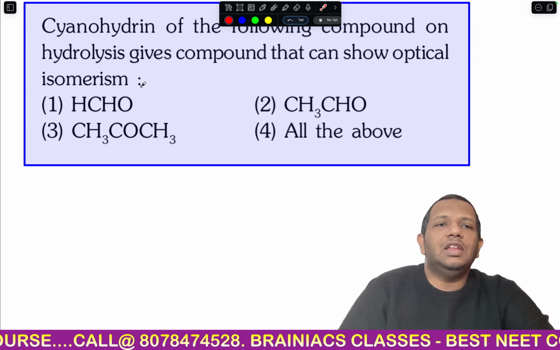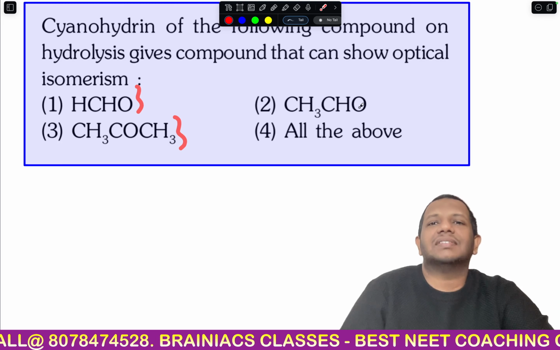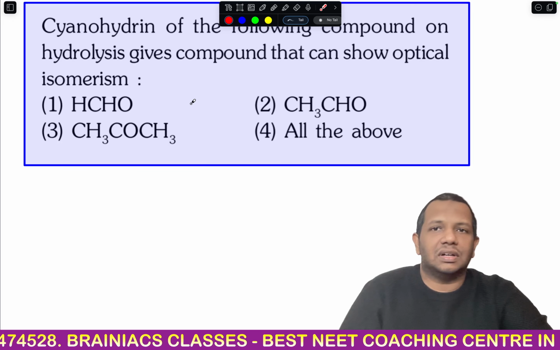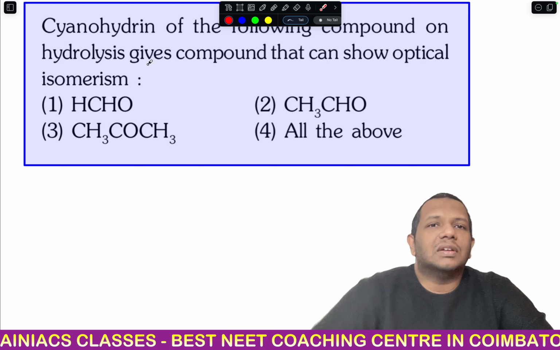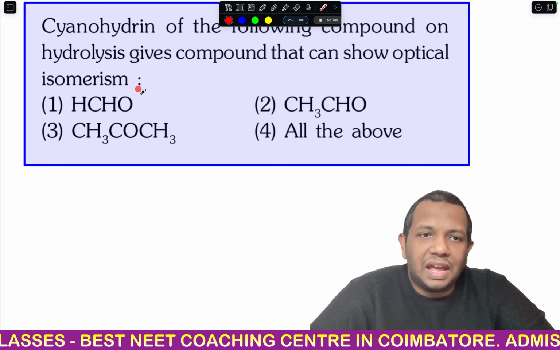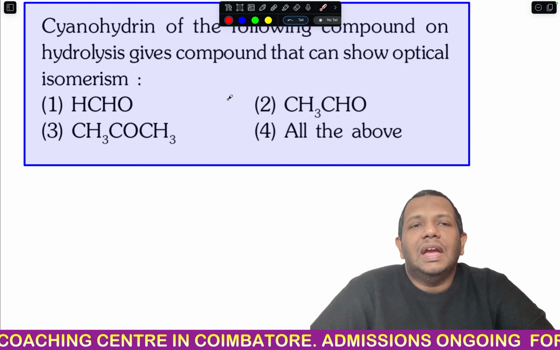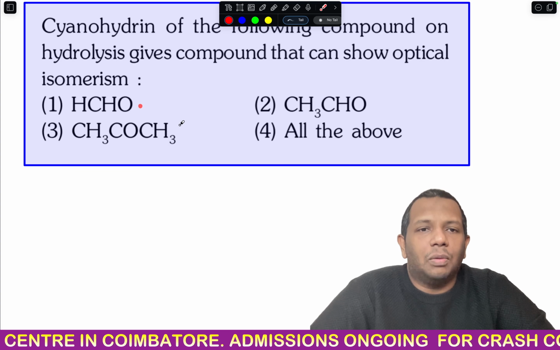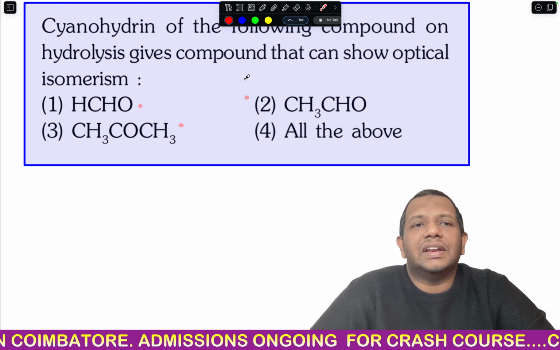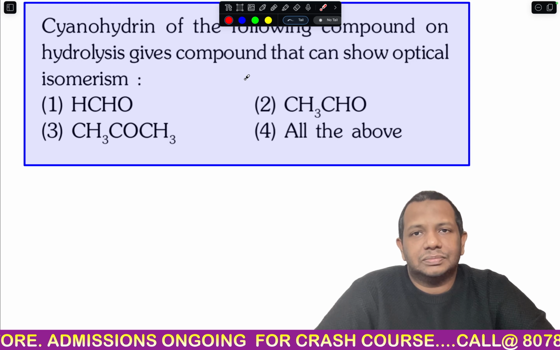It means any of these compounds, when it reacts with HCN, will give you a cyanohydrin. And they need to know which of these compounds will give a cyanohydrin that shows optical isomerism.